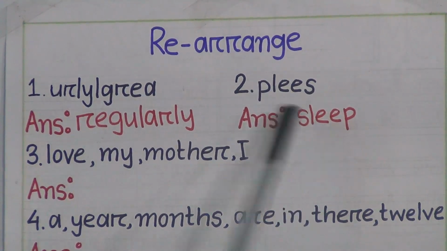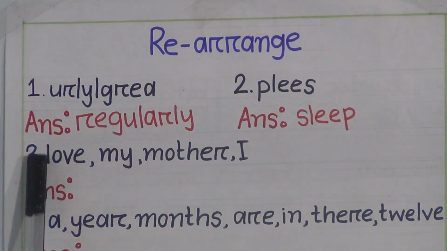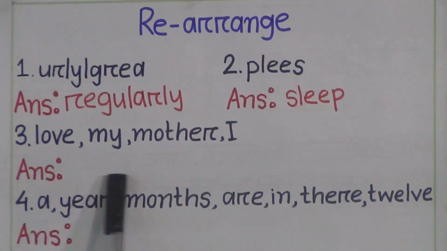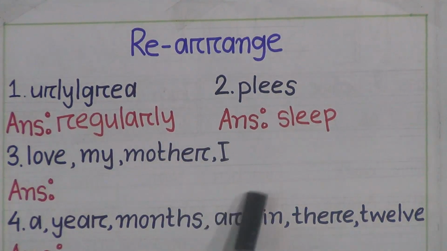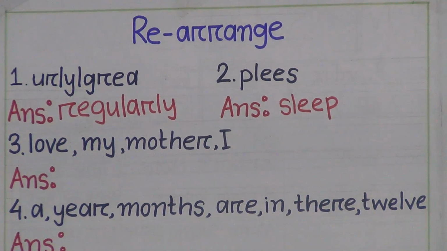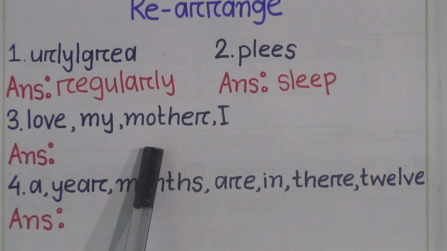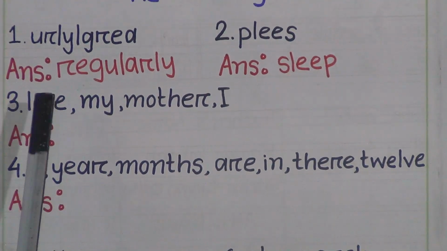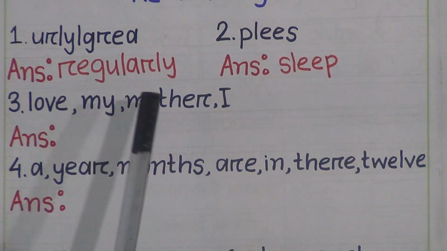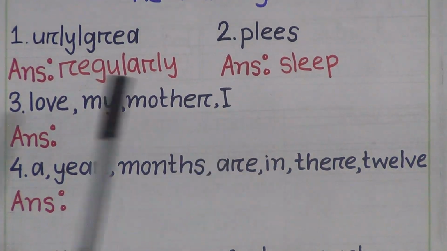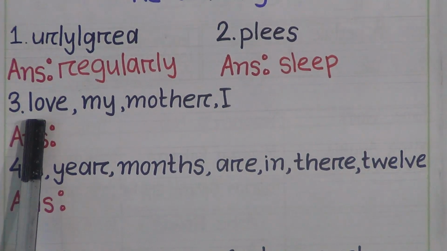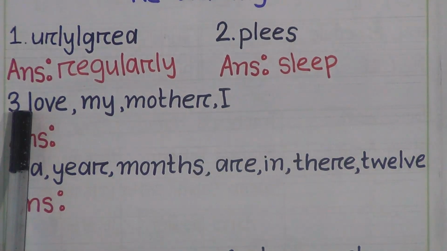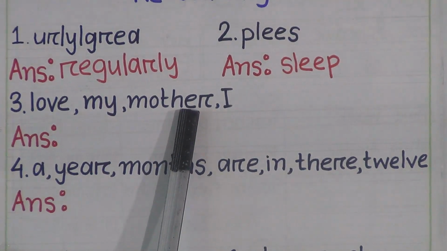Number 3, here we find a sentence. The words are jumbled. You have to arrange all the words and make a meaningful sentence. The words are love, my, mother, I. So if we arrange all these, we'll find I love my mother.